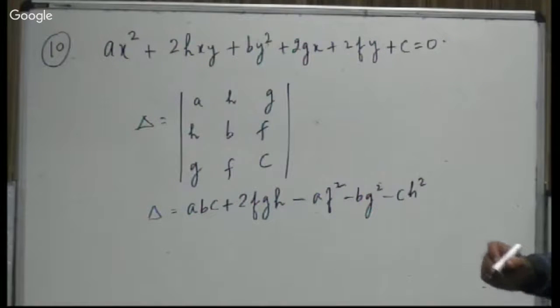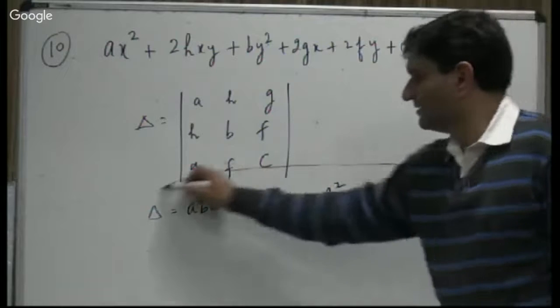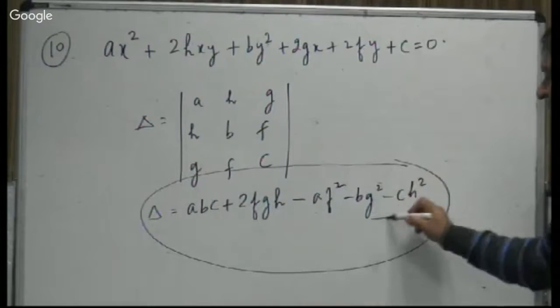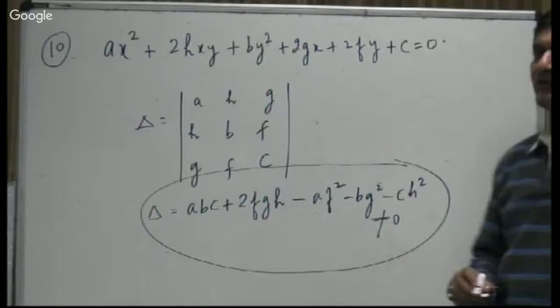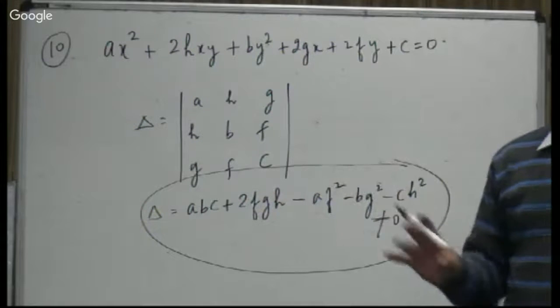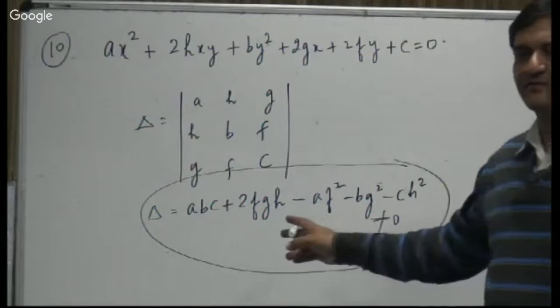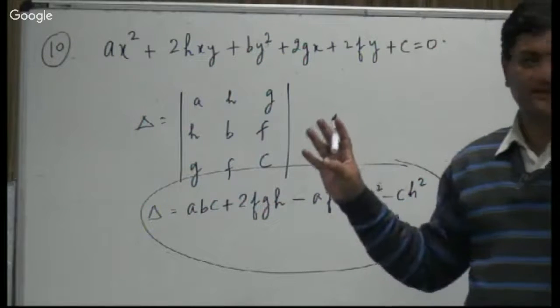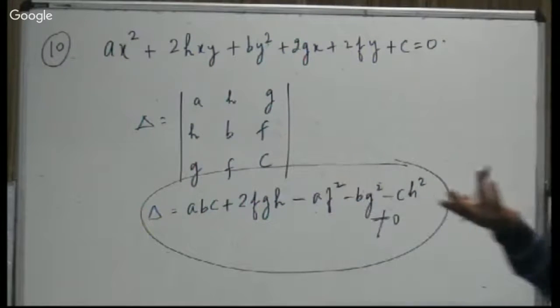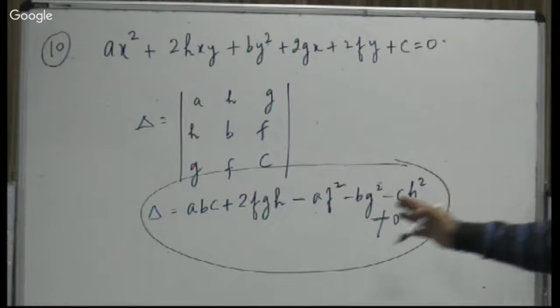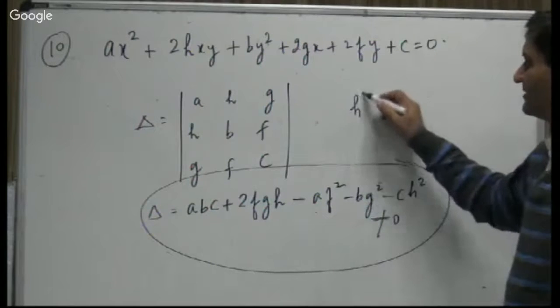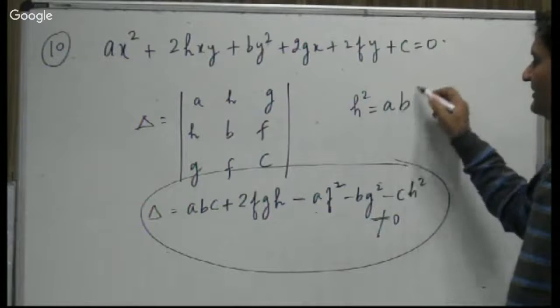Now this is not equal to 0. For a conic section, this quantity will not be equal to 0. And for a pair of straight lines, this expression will be equal to 0. Now, it's not a question of pair of straight lines. So the first thing is this is not equal to 0. And for parabola specifically, h square is equal to AB.